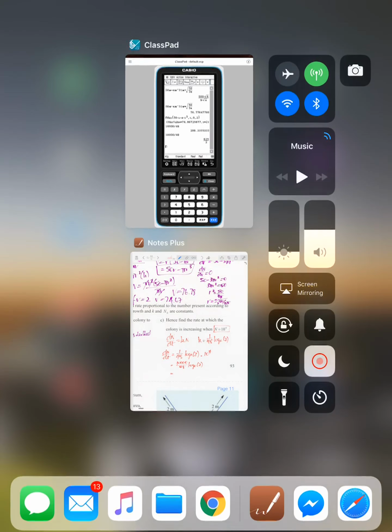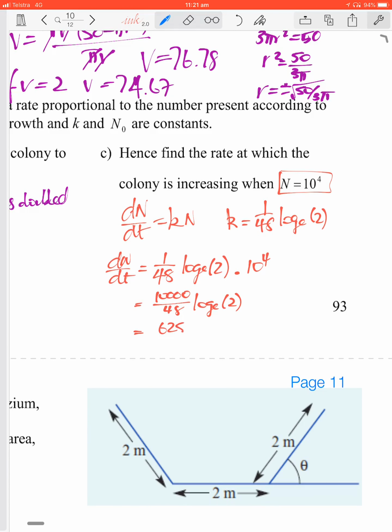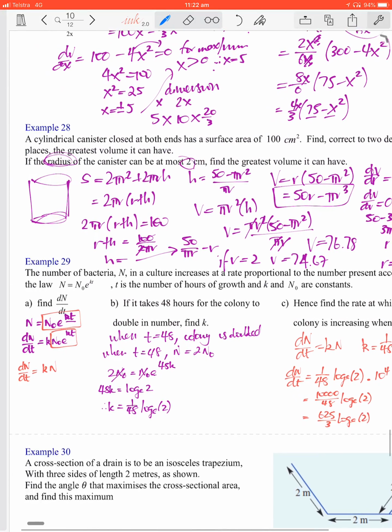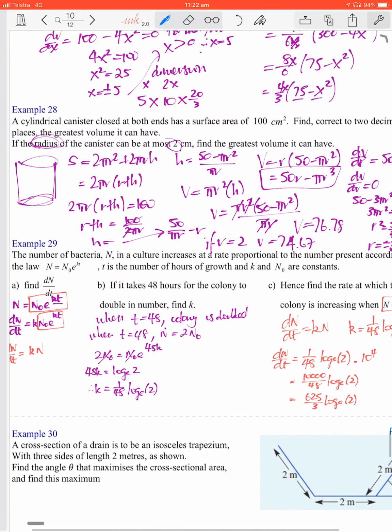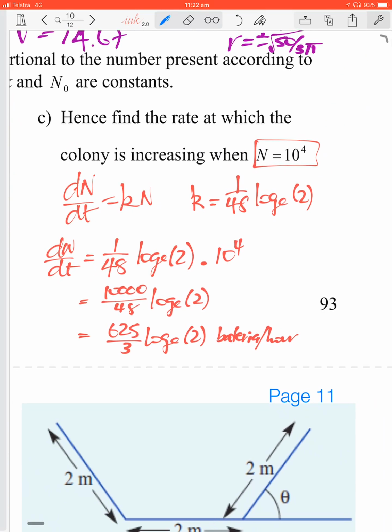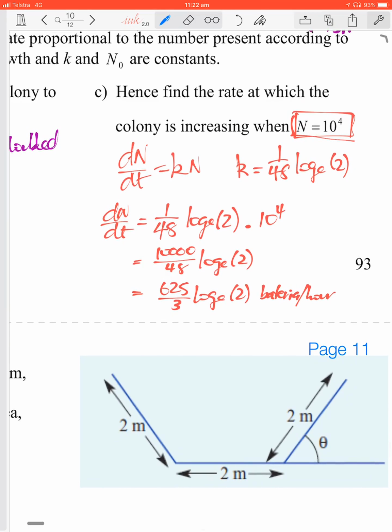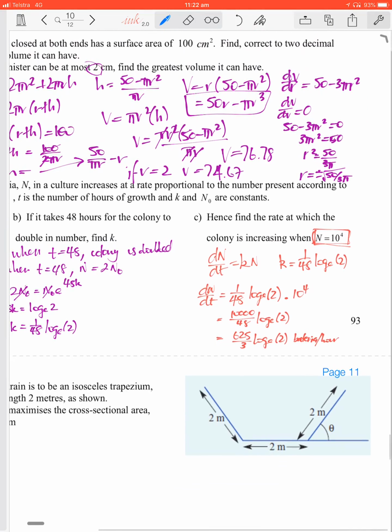Give me that answer. 625 on 3 log e 2, and the number of bacteria, so bacteria per hour. So that's our rate when N equals 10 to the power of 4. So when the amount of bacteria is 10 to the power of 4, it's increasing at a rate of 625 on 3 log 2 bacteria per hour.